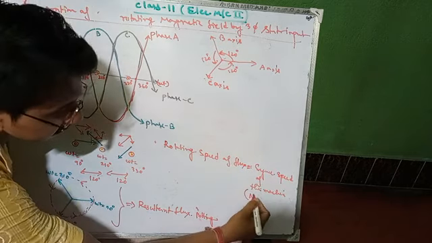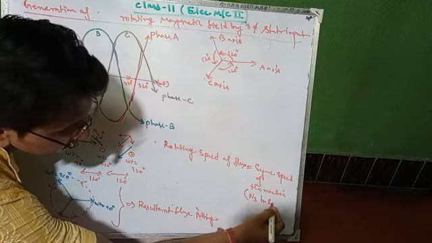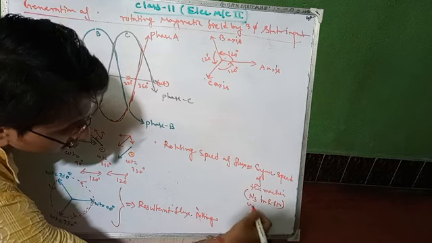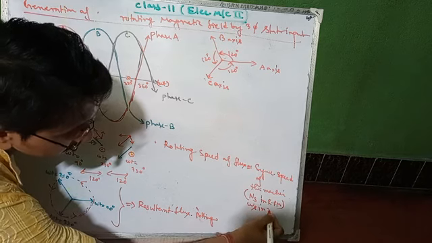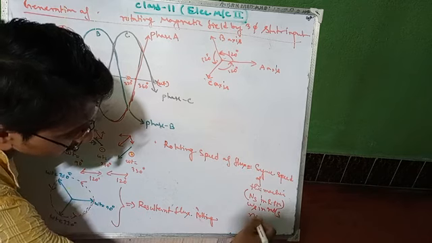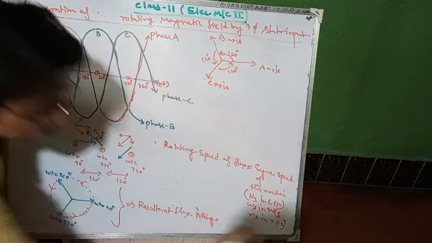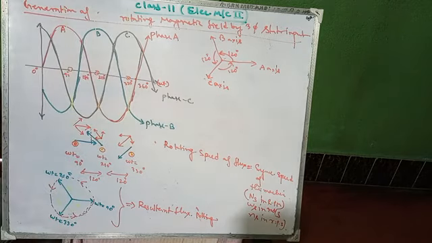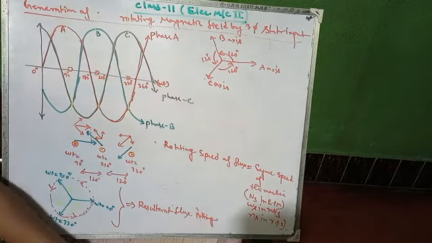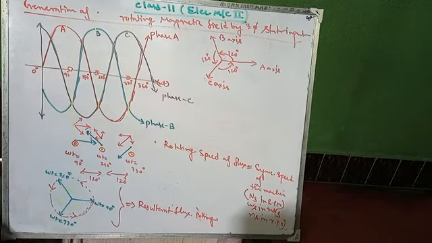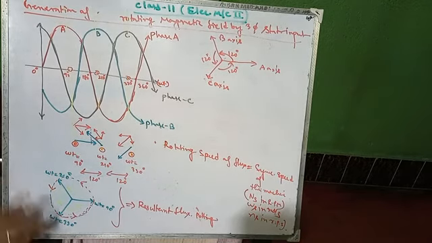Okay, taken as Ns in rpm, and omega s in rad per second, and small ns in rps. Okay, so this is for the geometrical interpretation.